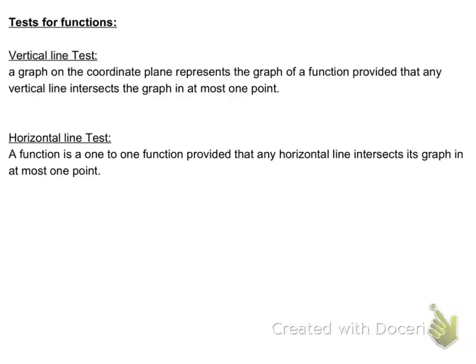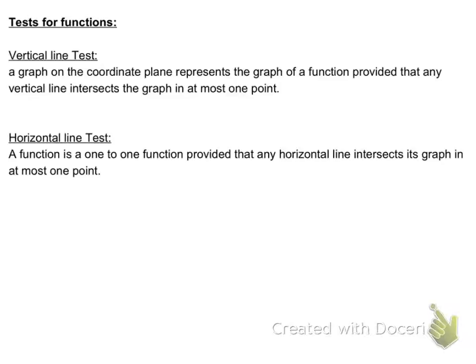Yes? So, going through our categories here, sometimes we'll be given a graph or a set of points, and we're going to have to say, is it a function? And so we use something called the vertical line test.